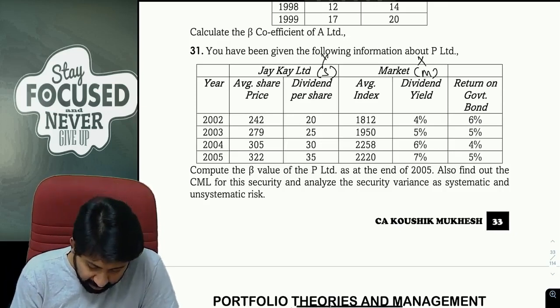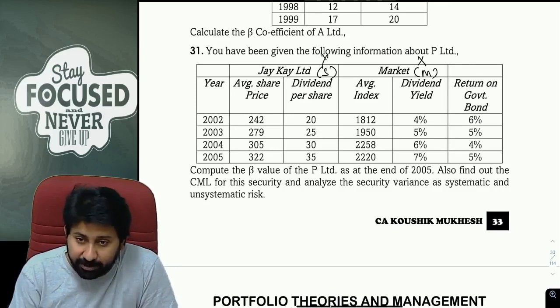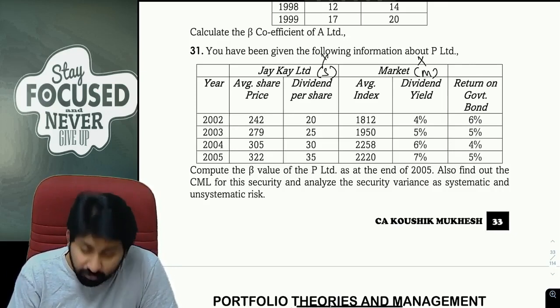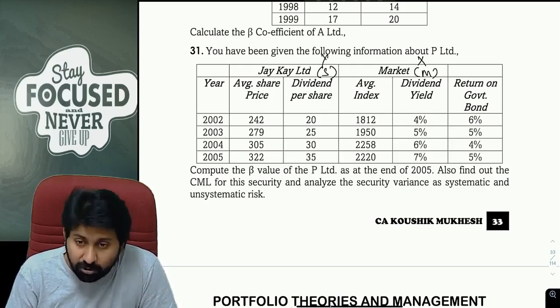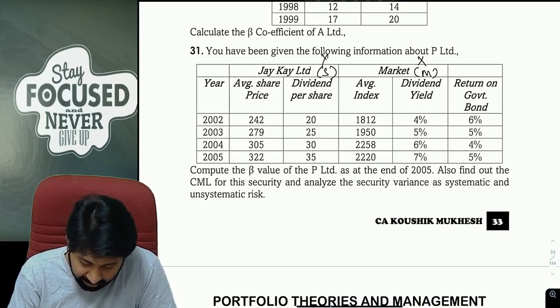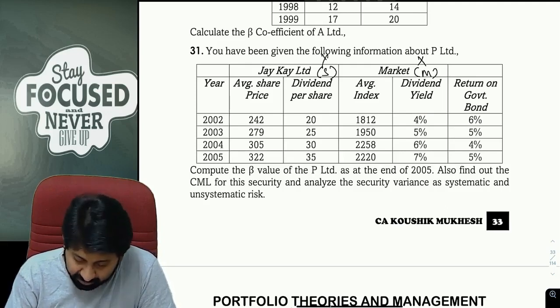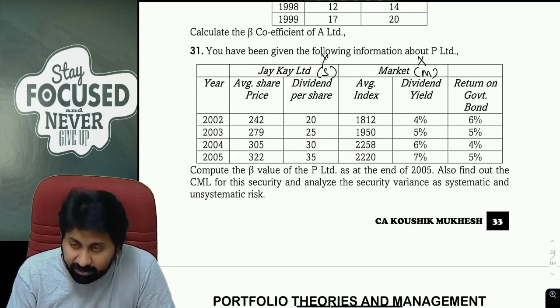Year 2002 average share price 242, 2003 279, 2004 305, 2005 322, dividend per share 20, 25, 30, 35. Market average index 1950, 1812, 1950, 2258, 2220.